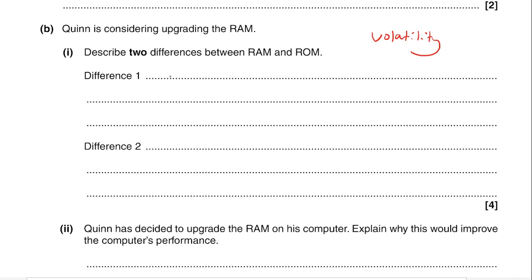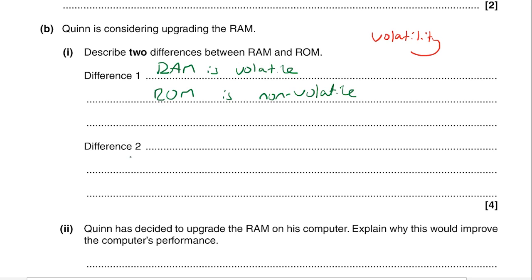Let's change colour. So RAM is volatile, which means as soon as you turn power off, the data is lost, whereas ROM is non-volatile. It's an easy 2 marks, especially because they're kind of like the converse.